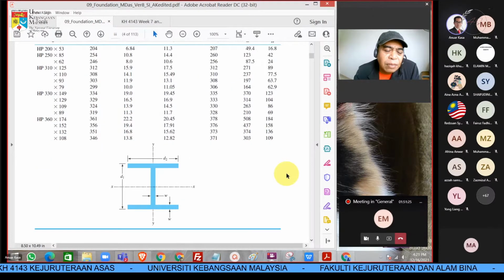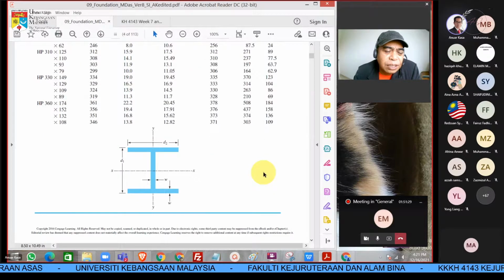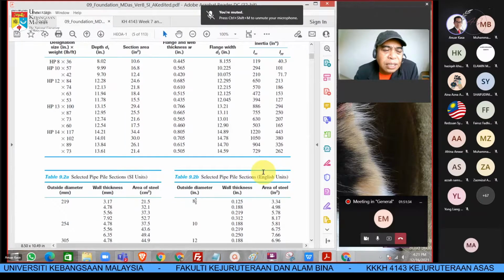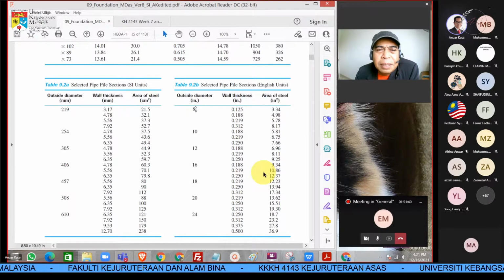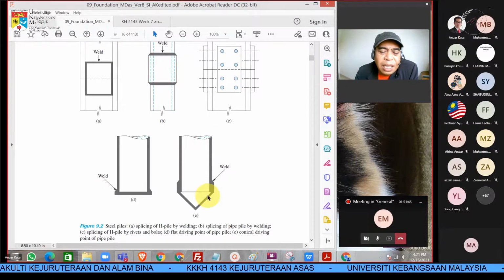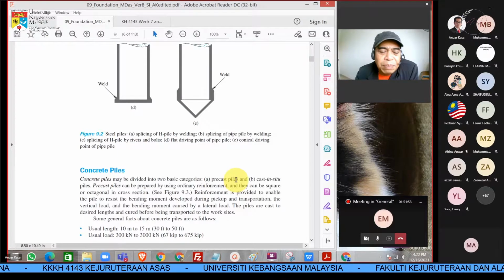All the figures here show the cross section of the steel pile, and it can also be a circular pile for steel. And normally at the end, we weld it and we close it. Sometimes we don't, depending on your calculation.